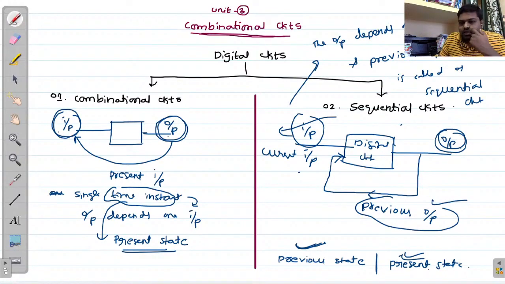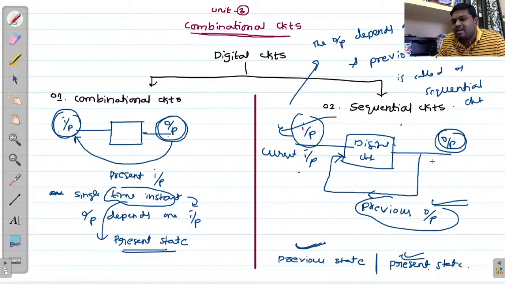Once you observe here, the output depends on the previous output and current input. If you are providing the previous output as an input to this particular circuit in the next instant, up to that instant you have to store this data.